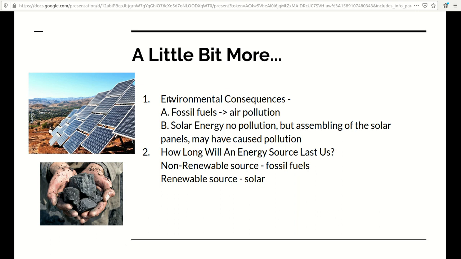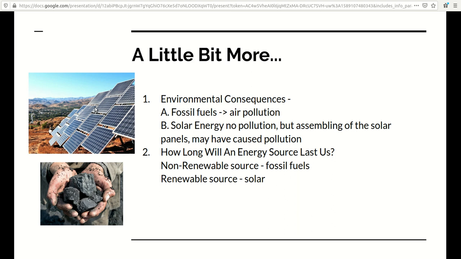Then we have solar energy, which does not directly cause any pollution, because the sun falls on these panels and then we collect the energy. We saw the video about that. But the assembling of the solar panels may have caused pollution, like the things that we use within these solar panels.